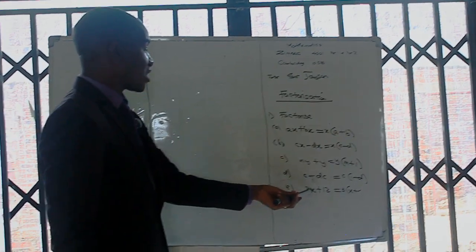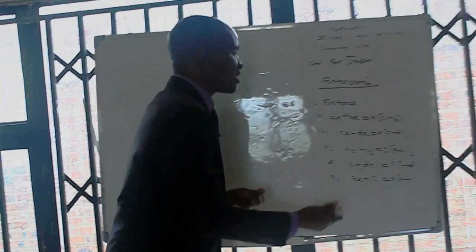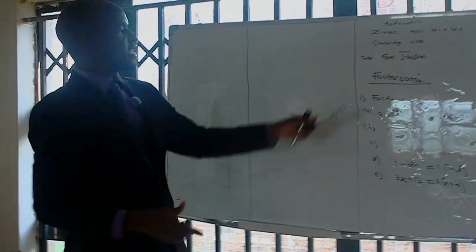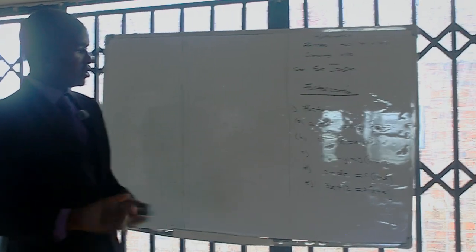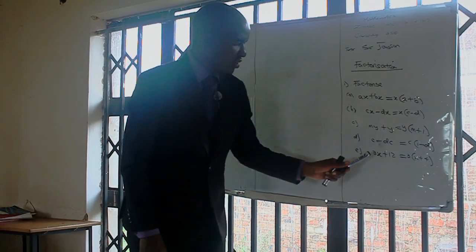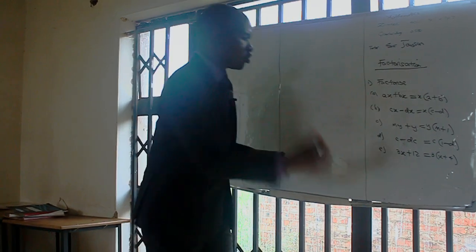So 3x over 3 is x, and 12 divided by 3 is 4. Factorization is the reverse of expansion. If we expand this, we have 3 times x, 3x, 3 times 4, 12. So we come back to 12.